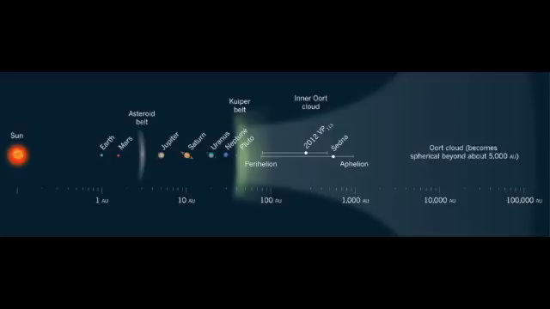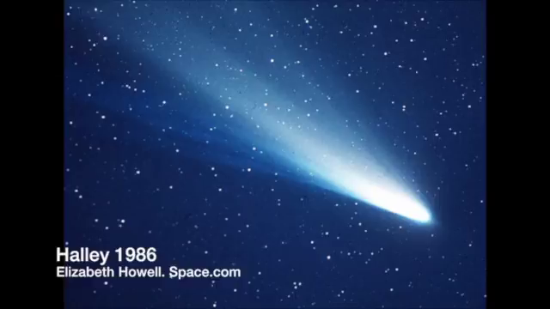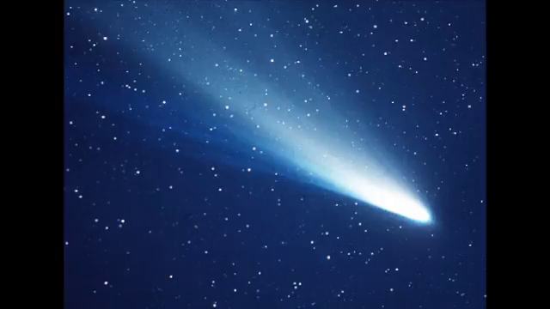This model needs to be supported by the comets that we observed. From the observation of comets like Halley or Hale-Bopp, we are able to determine roughly the mass and size of the Oort cloud.